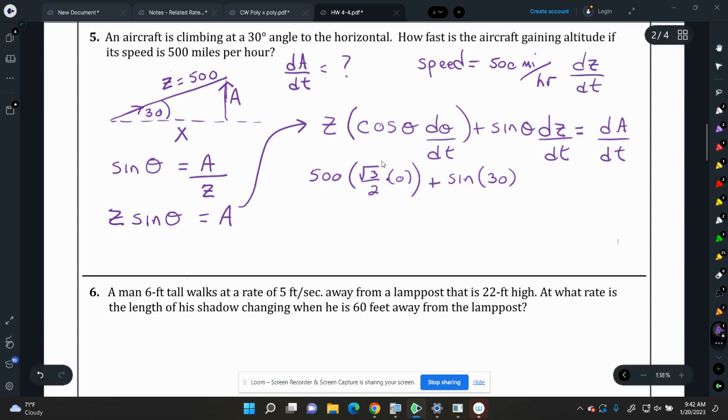That's the rate of change, right? So Z is not 500. We don't know Z, but it doesn't matter, because Z times 0 is 0. So this is 500.